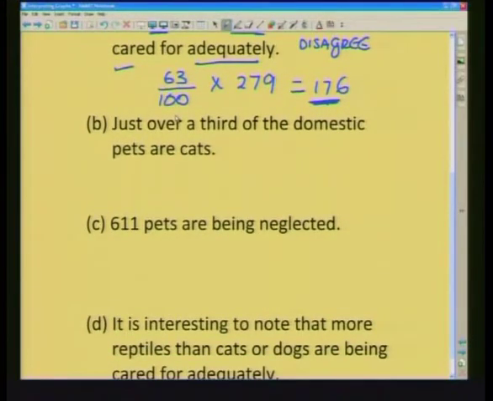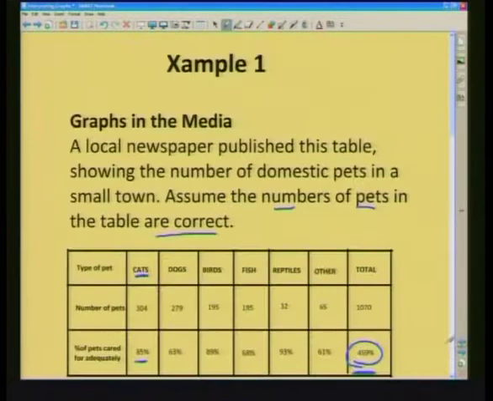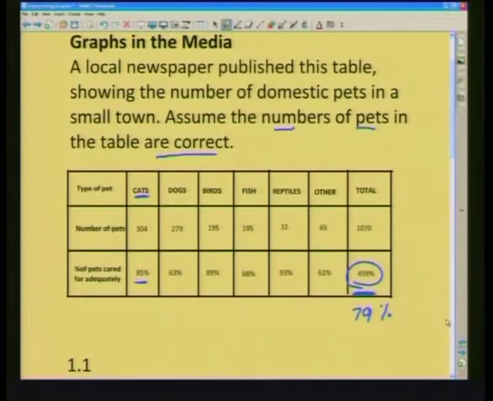All right, the next one. They say just over a third. Now a third is 1 over 3, which is roughly equivalent to 33.3%. They say just over a third of the domestic pets are cats. So let's go and look at the number of cats. We know that there are 304 cats, and altogether there are 1,070 pets.